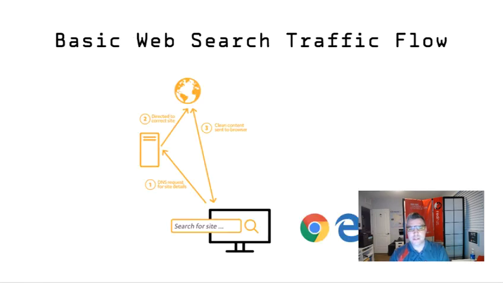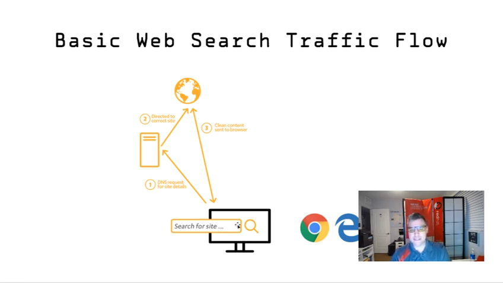So here in this diagram behind me is an example of the basic web search traffic flow. Here we're showing that there's lots of different browsers, and we'll talk about the browser wars. Many of you are familiar with Chrome or Firefox or Safari or Internet Explorer or Microsoft Edge browser.